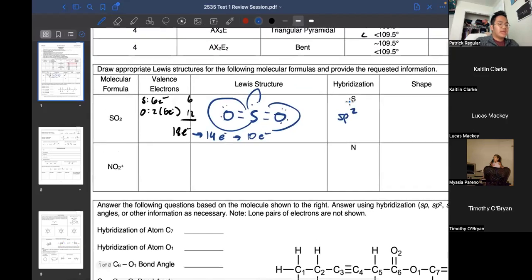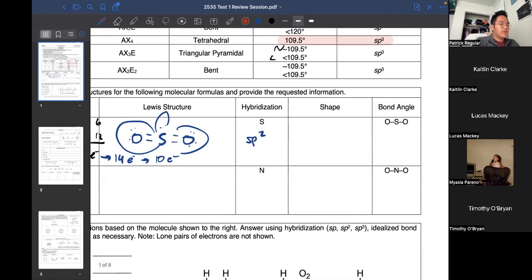All right. Now let's draw the shape. If we have sulfur, oxygen, oxygen, lone pair, 3 electron groups, that's sp2 trigonal planar. If it's trigonal planar, then it's really flat. However, one of those branches is a lone pair of electrons, and that's invisible to us to the naked eye.